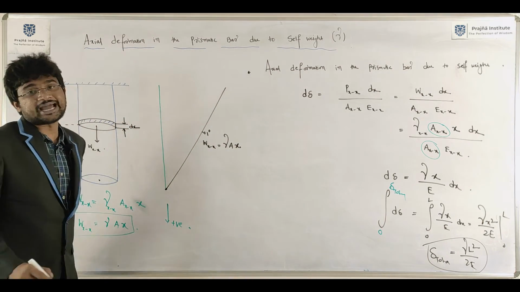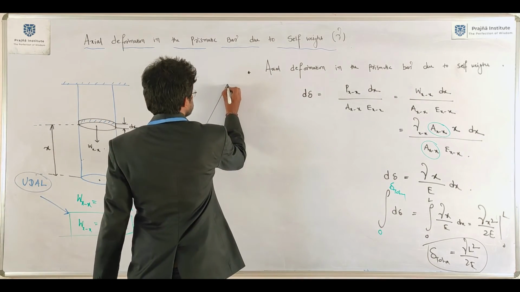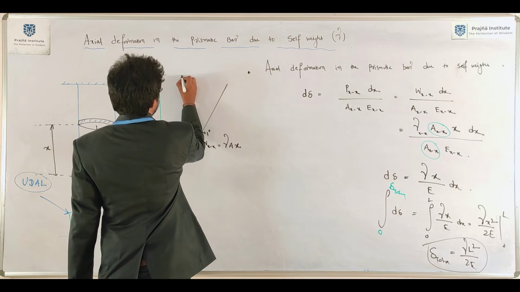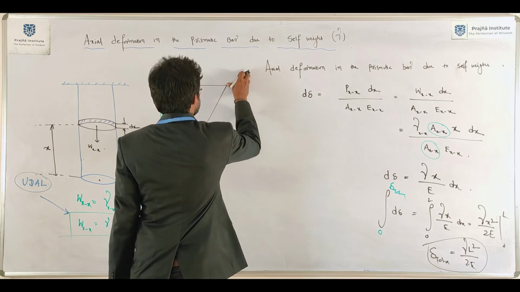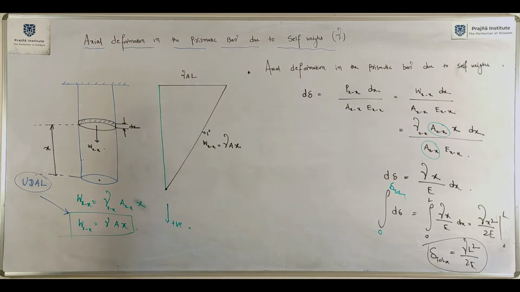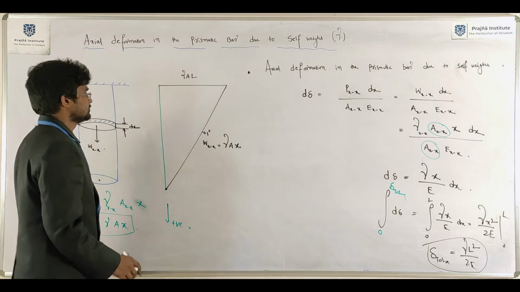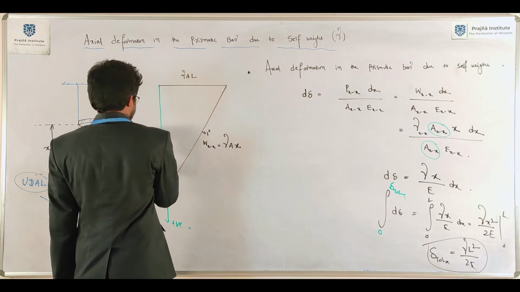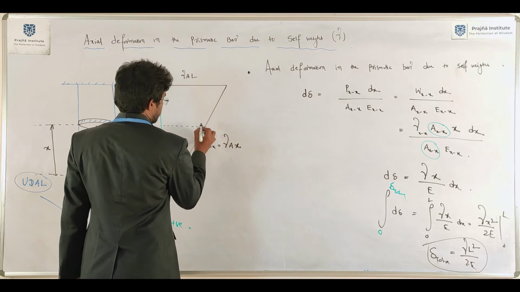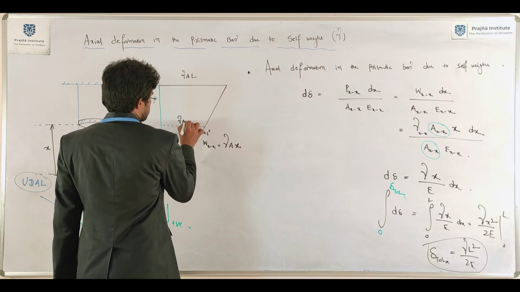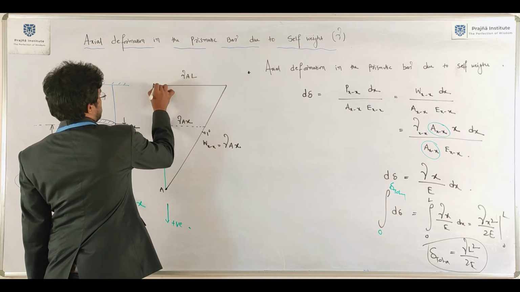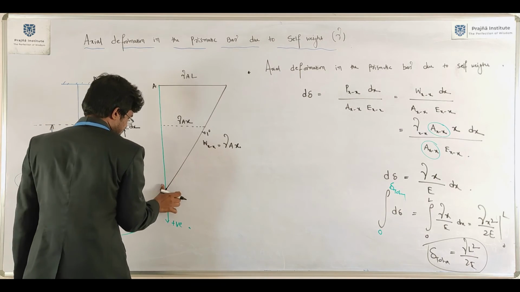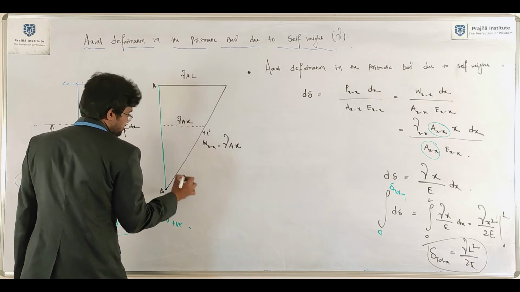Put x equal to L, and at this point you will get gamma A L. At this particular cross section, it is gamma A x.